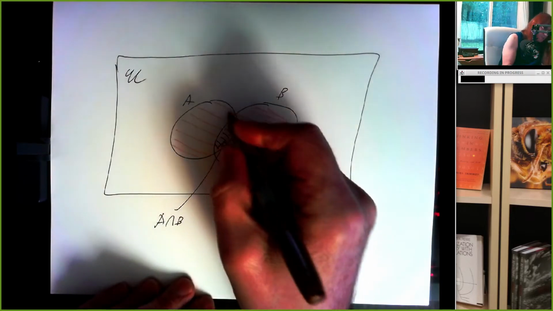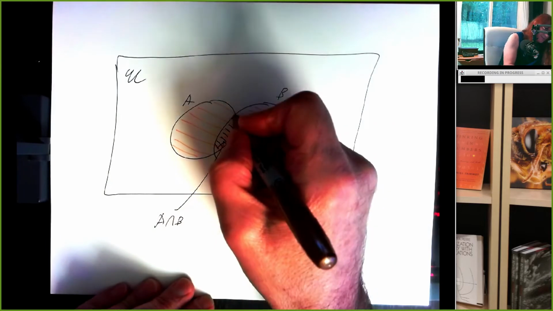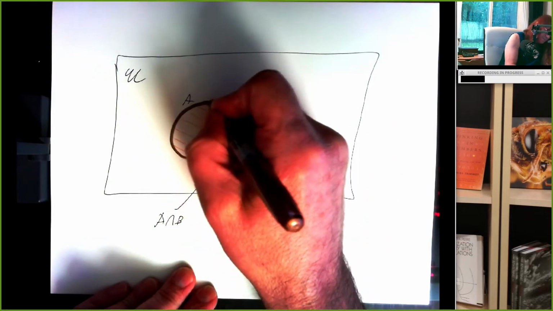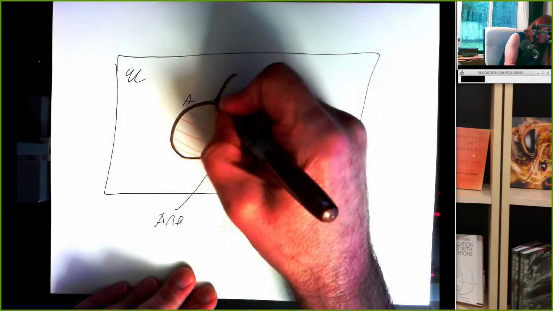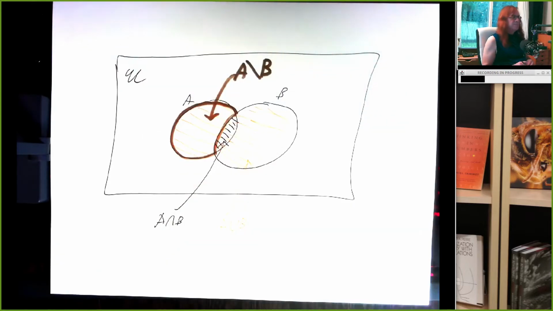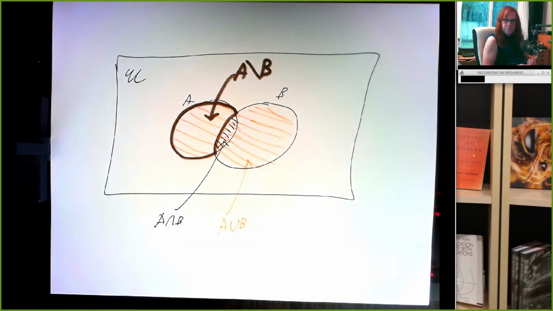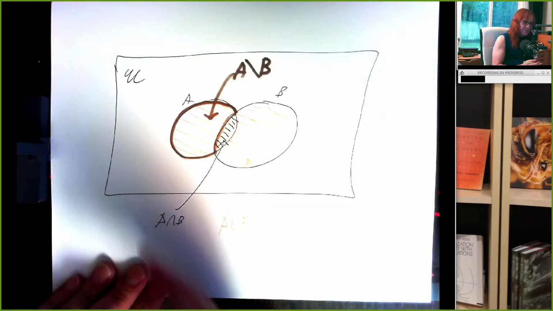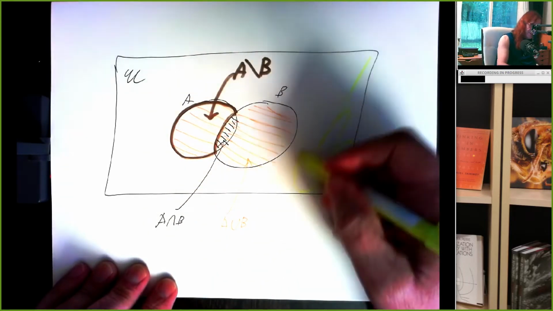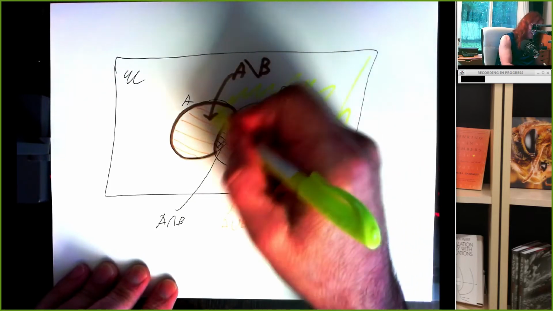If we start with A and we throw away the things that are in B, we get something like this. This would be A, take away B. And if we start with the whole universe and we throw away a set, for example, the whole universe take away B, we would get all of this stuff.